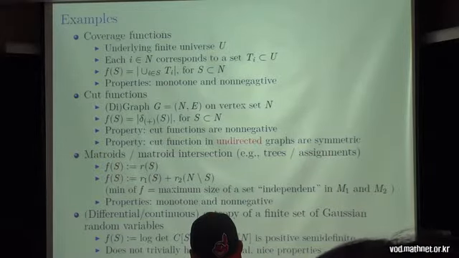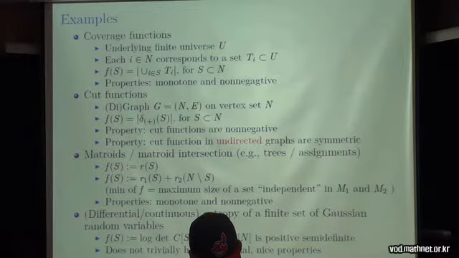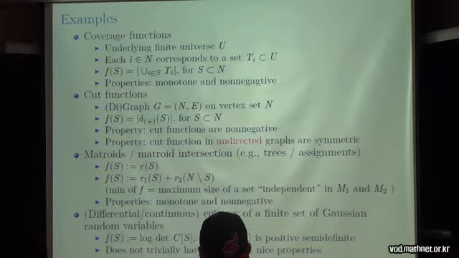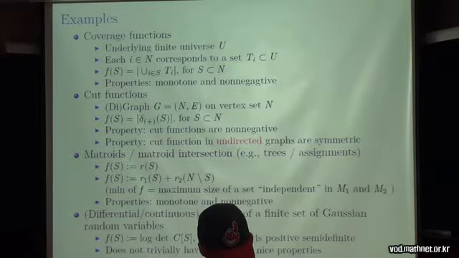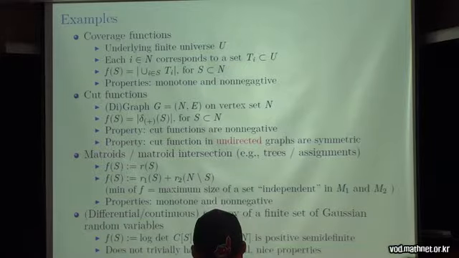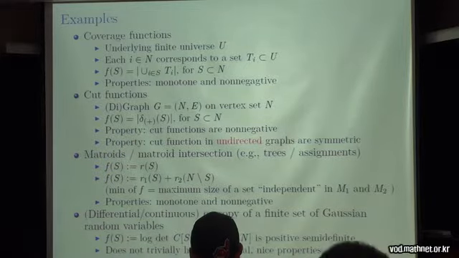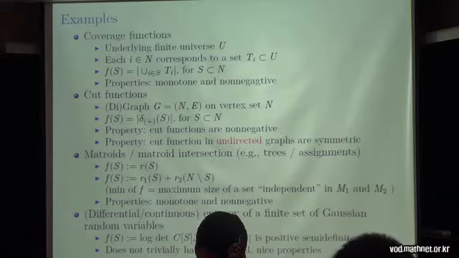The value of a set of vertices, the sum of the capacities on the edges that leave that set, not enter but leave. So that's still a submodular function. And minimizing that submodular function is very closely related to finding a maximum flow in a network. And in a way, a lot of the interest on the optimization side in minimizing submodular functions comes from this example.